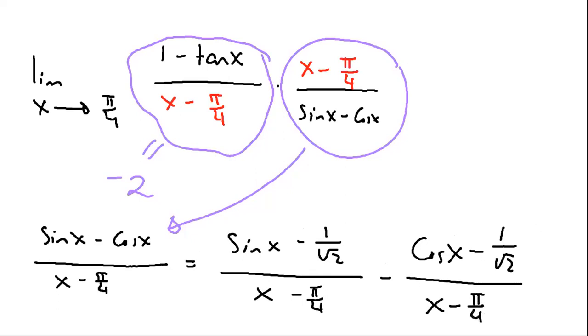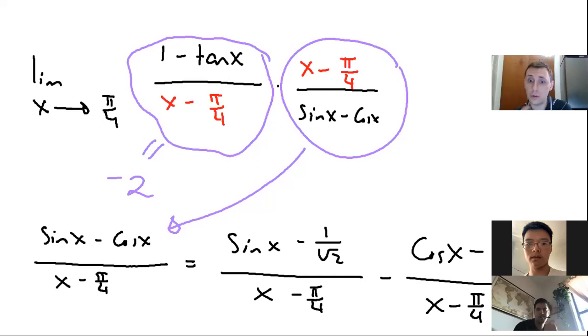Are you with me? Why did I select 1 over root 2? That's because sine of pi over 4 is 1 over root 2, and cosine is the same thing at pi over 4. You understand? So each part here looks like the derivative of sine at pi over 4.